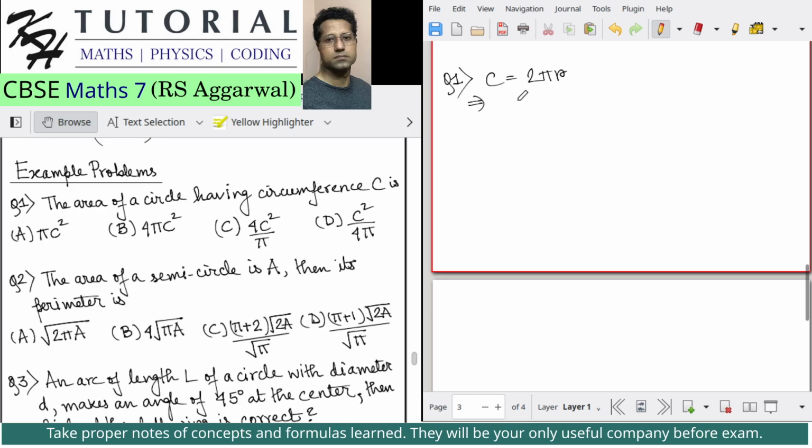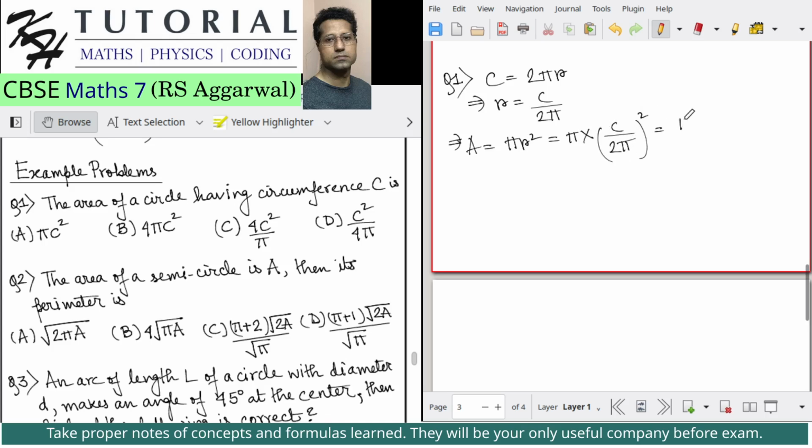So this implies we can easily get the radius of the circle. r is equal to C by 2 pi. So this implies the area is equal to pi r square, which is equal to pi multiplied by (C by 2 pi) whole square.